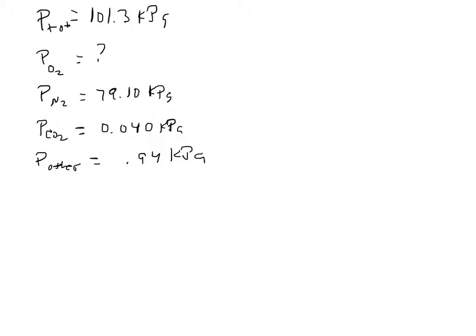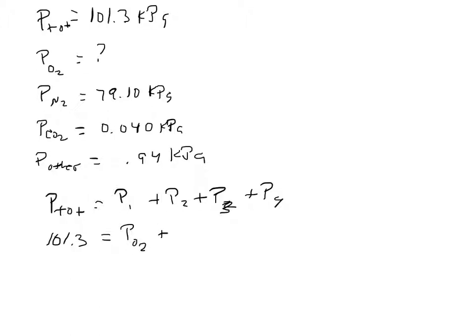We know that P total is equal to P1, which is oxygen, plus P2, plus P3, plus P4. So 101.3 equals, I don't know that one, that's the one I don't know, plus 79.1 plus 0.040 plus 0.94. And if I add these up and subtract them, I get PO2 equal to 21.22 kilopascals.